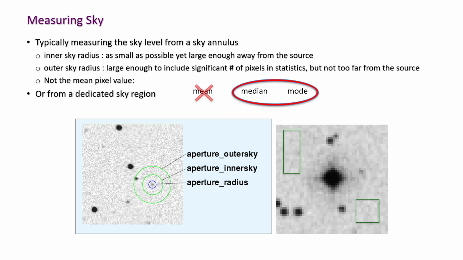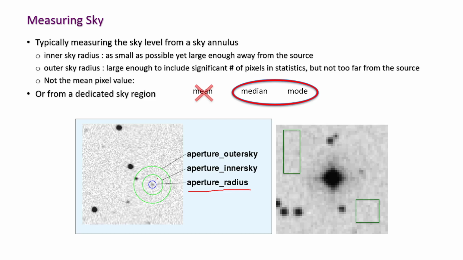Then by using one of two common approaches, we can calculate the per pixel sky contribution. One is using two different size concentric circles placed on the centroid. In this case, the innermost blue circle is the source aperture. Then some pixels away, there is a gap between the source aperture and the inner sky radius.